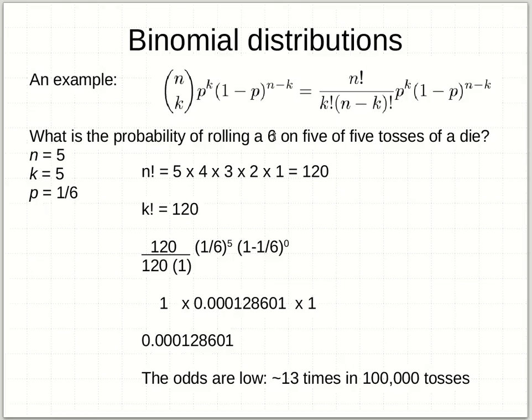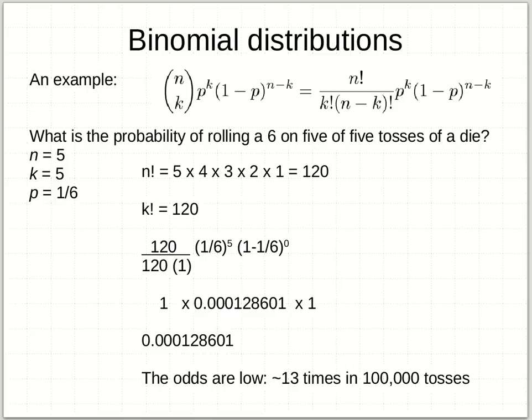What's the probability of, let's say, rolling a 6 on 5 out of 5 tosses? In other words, what are the chances I'm going to get a 6 every time I toss a dice 5 times? Okay, so I know I'm going to toss it 5 times. I know what the success rate is I'm expecting, 5 out of 5, and the chance of getting a 6 on each toss is 1 out of 6, right? Because it's a 6-sided dice. So I calculate the factorial of n, and I calculate the factorial of k, and I plug and chug through my equation, and you can see that the odds are quite low.